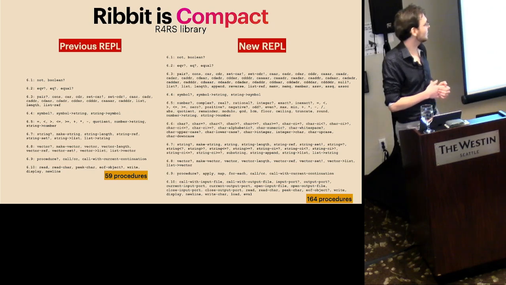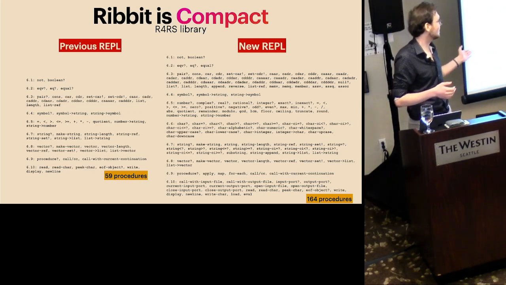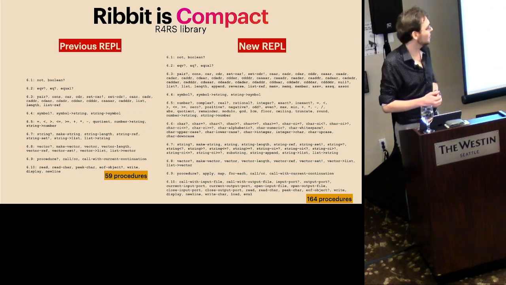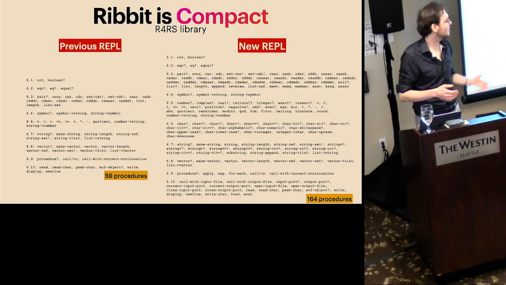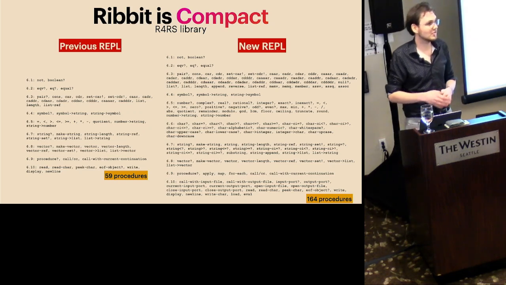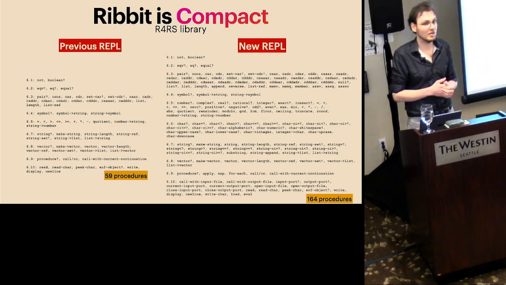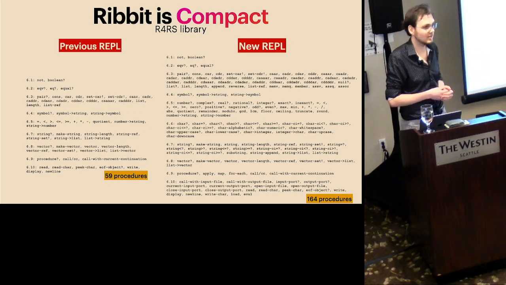To compare it with what we have right now, this is what was in the previous REPL, and this is what we have now in the new REPL. So we see that there are a lot more procedures supported, and the whole R4RS standard is supported in the new version.